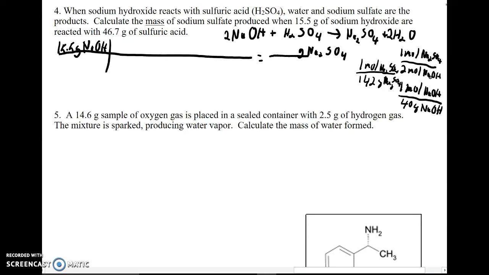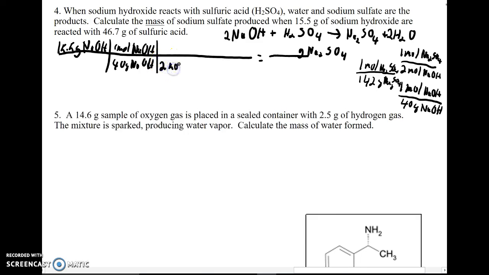I can go ahead and plug those in. So I will choose this one first. 40 grams of NaOH, 1 mole of NaOH. Again, I want this unit down here. Add another conversion factor. Now I want moles of NaOH, so go over here. 2 moles of NaOH to 1 mole of Na2SO4.